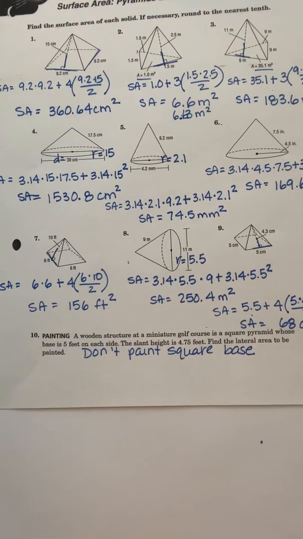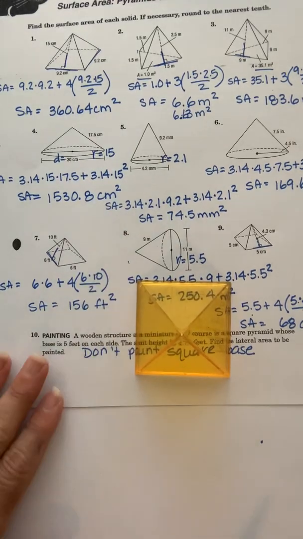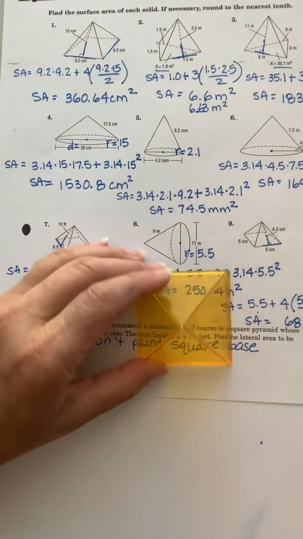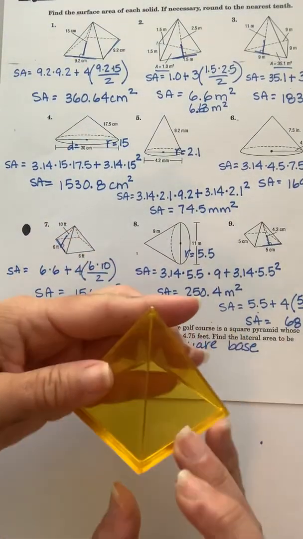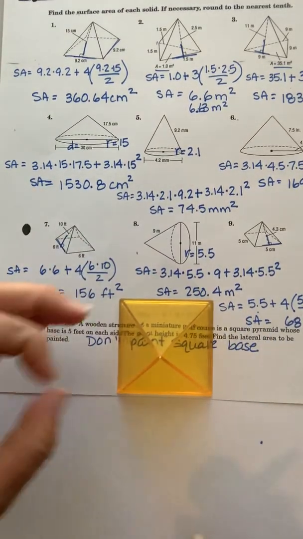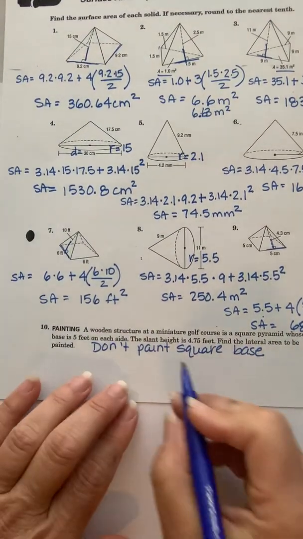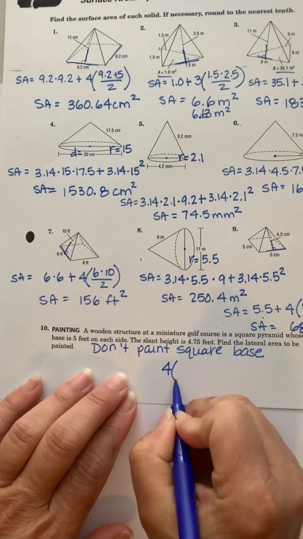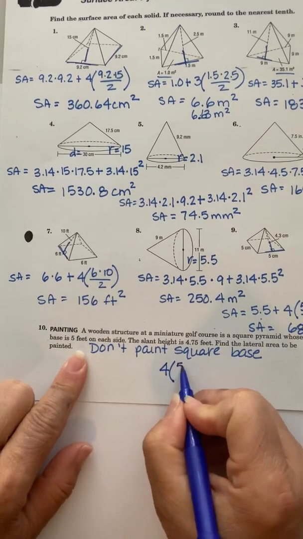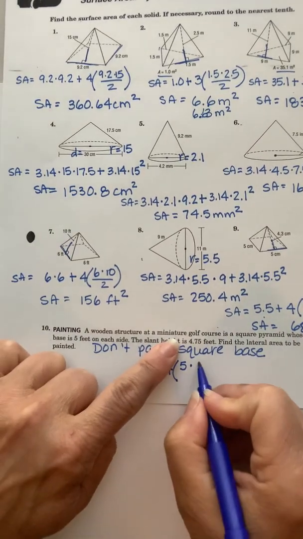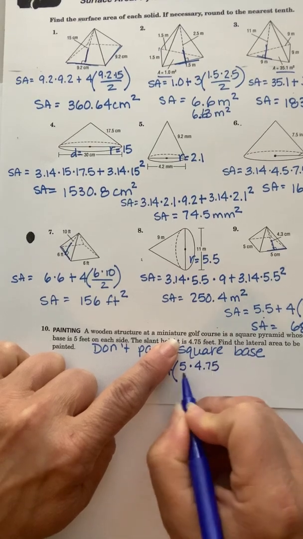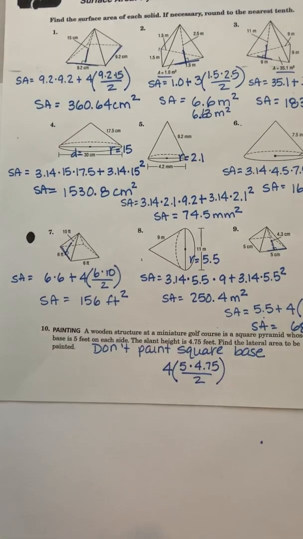So basically, this is what it would look like if it was sitting on the ground. That means that I'm only painting 1, 2, 3, 4 sides. They're all the same exact triangle. So I've got 4 triangles that have a base of 5, and the slant height of the triangle is 4.75, divided by 2.